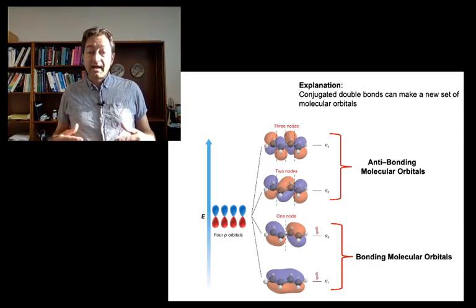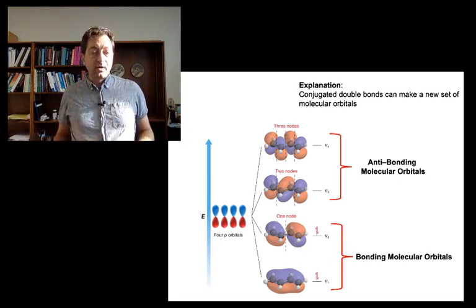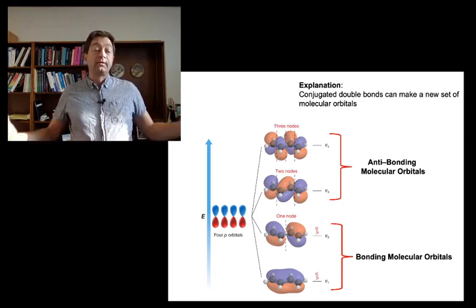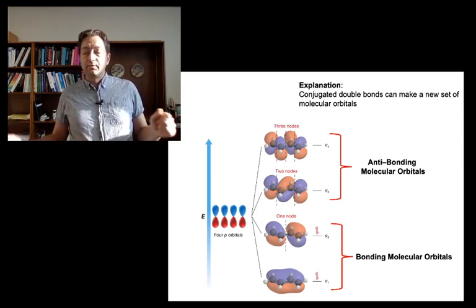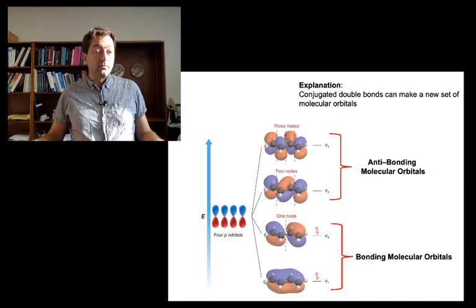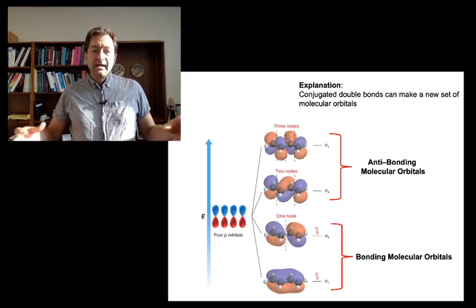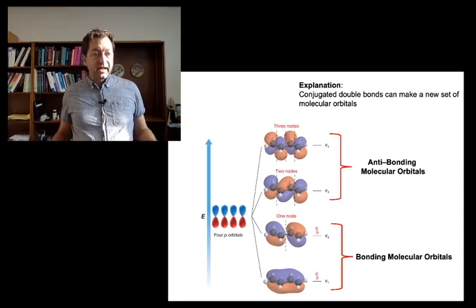What we're seeing here is all 4 of those atomic p orbitals mixing together where they're all in phase, all reinforcing each other, or where 2 are reinforcing each other and 2 are reinforcing each other, but they're out of phase with respect to each other, so there's a node in there. That is still lower in energy than having isolated atomic p orbitals, so it stabilizes the whole system.